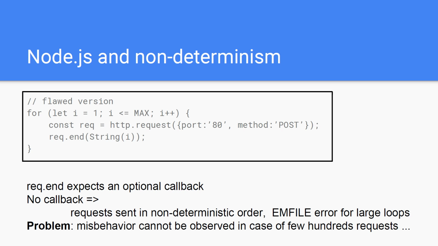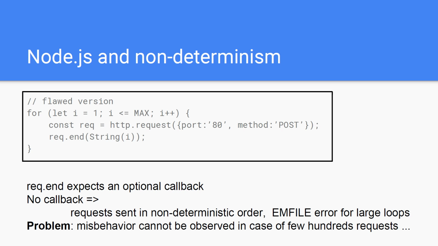So it may happen that the server will receive the integers not in the standard order as specified by the loop, or for large numbers, for max, for this constant, you might also have some error because we are trying to allocate too many sockets for the communication. But we are scheduling all these requests just in parallel.